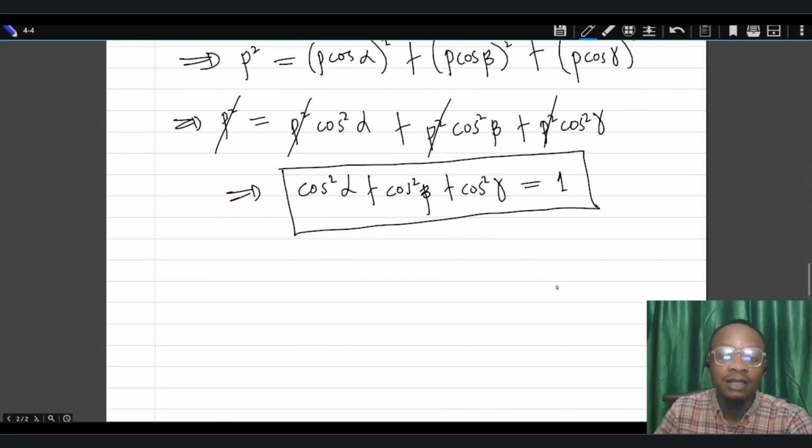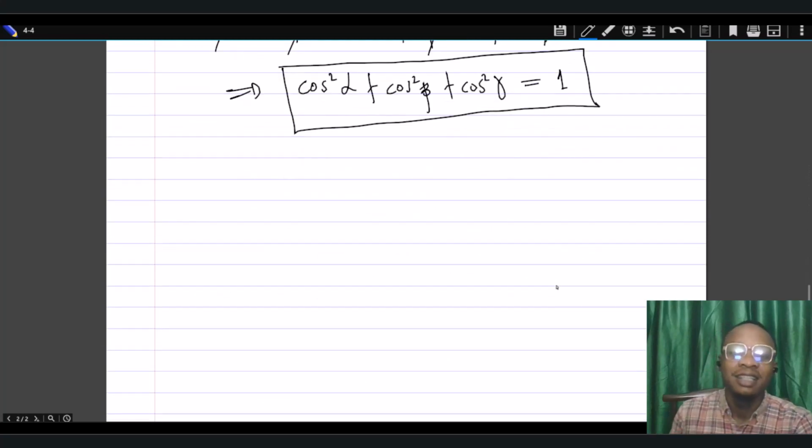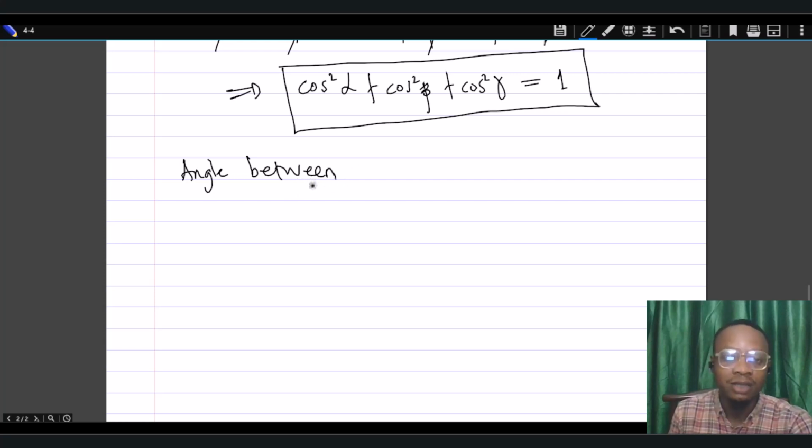Now, one last thing to note here is that if we need to get the angle between two vectors, we'll examine how this comes about as we proceed with this course, and you will see why this is correct. For now we will state it without proof.